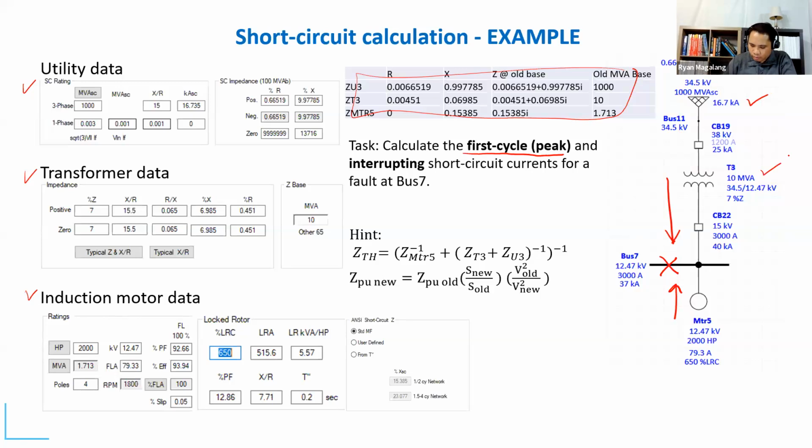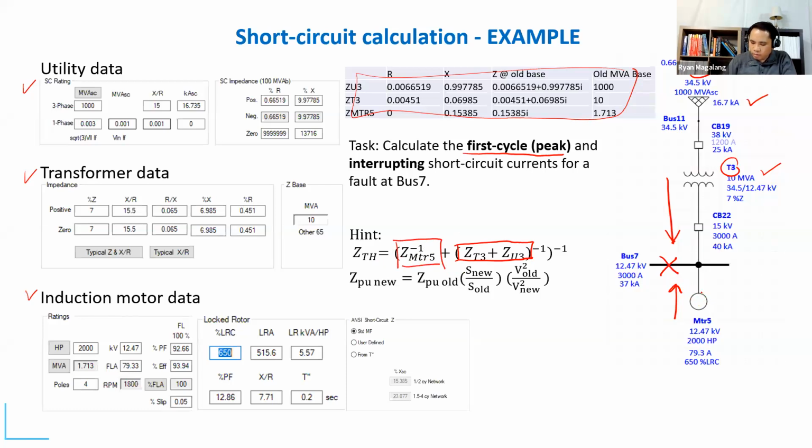They are in series, so that is this portion here, ZT3 plus ZU3. U3 is your utility, and T3 is your transformer. You add them in series. And then your motor is also contributing from down below here. So the motor is connected in parallel. So that's why your equivalent Thevenin impedance looks like this.